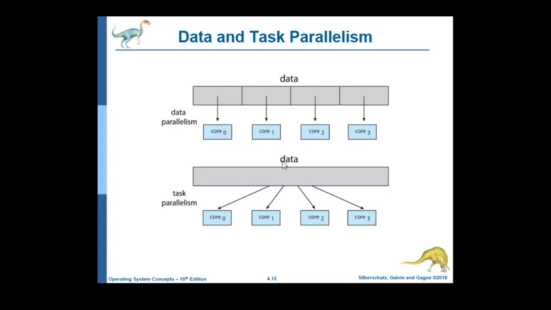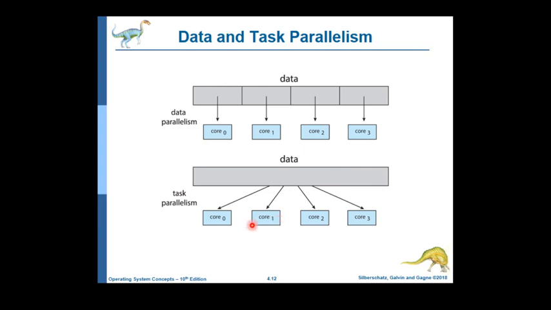The second type of parallelism is task parallelism. The focus is not to distribute data, but to distribute tasks across multiple cores.